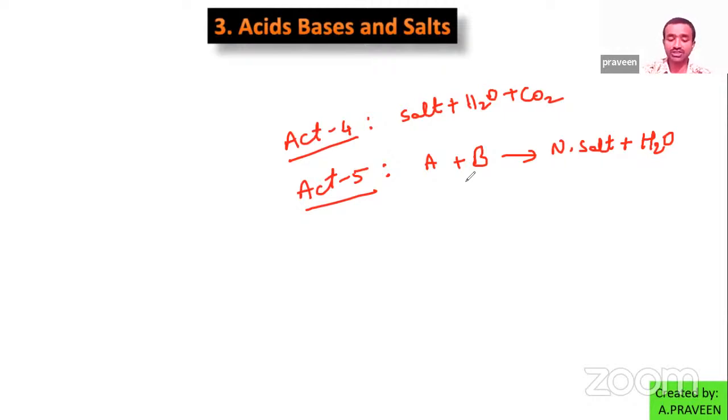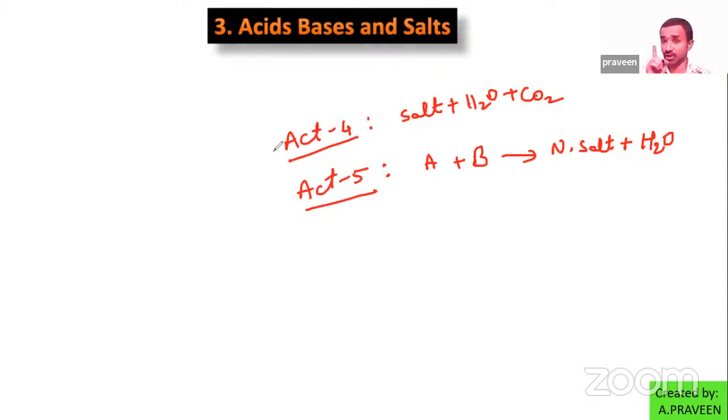Similarly, in activity 6 you observed the reaction of acid with metal oxide and the reaction of base with non-metal oxide. Both commonly give you salt and water.